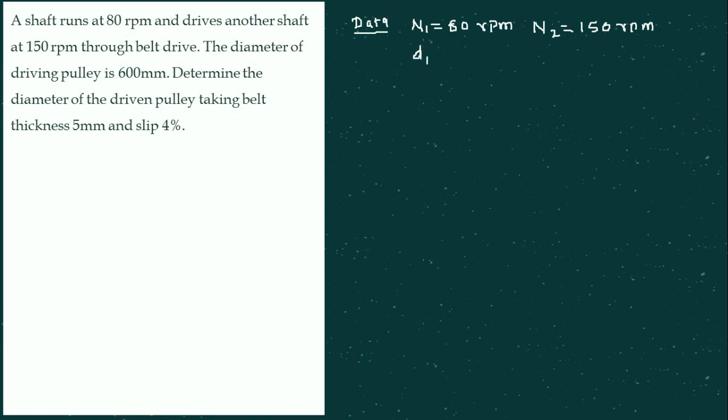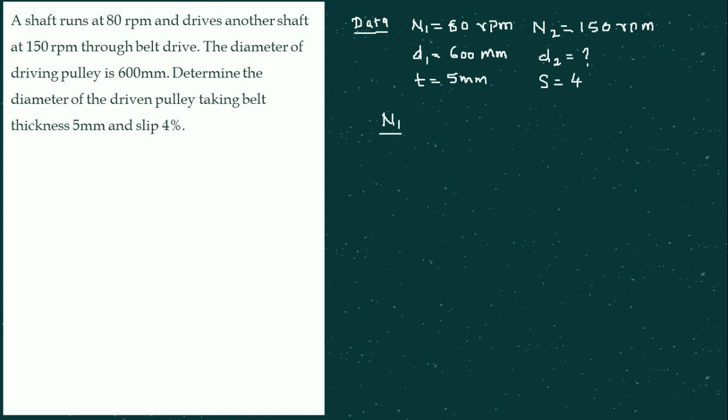Diameter of the driving pulley, that is D1, is given here as 600 mm. We need to calculate the diameter of the driven pulley. The thickness of the belt is given, which is 5 mm, and the slip is given, which is 4%.